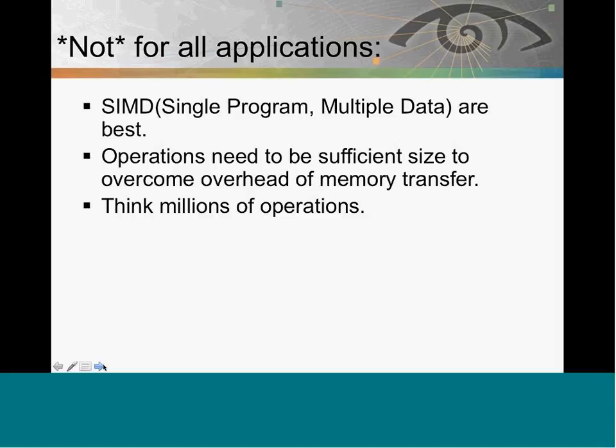And the operation needs to be of sufficient size to overcome the overhead of memory transfer. So if you are transmitting data rather than doing the computation, then you won't speed up your code because you're spending too much time just accessing the data.